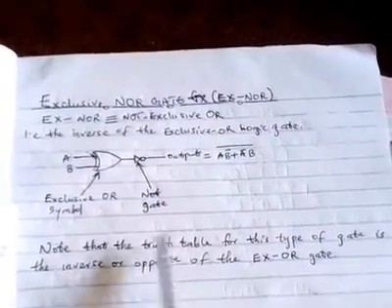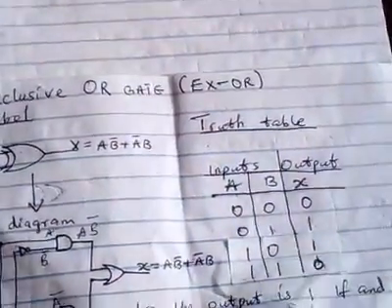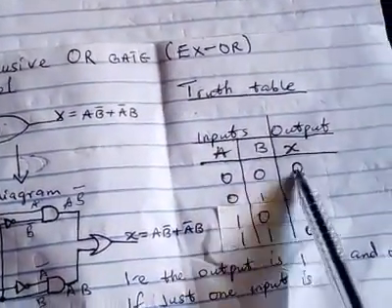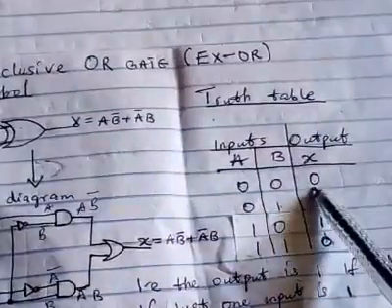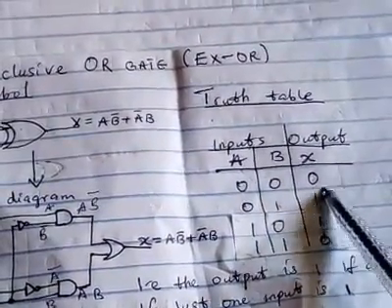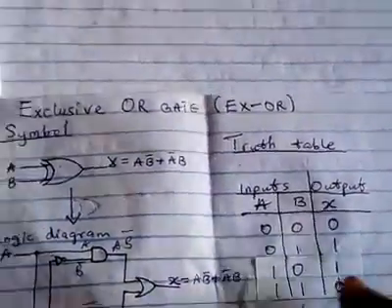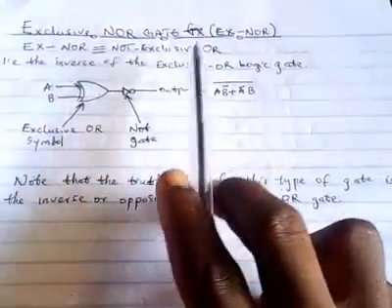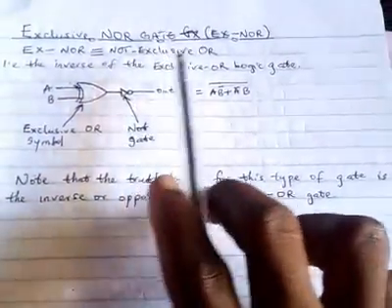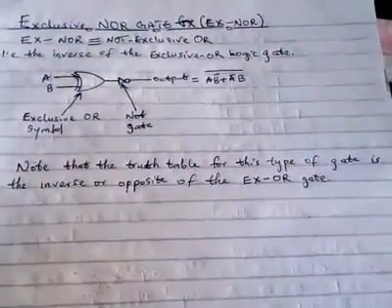Here we have 0 for the XOR, but for the XNOR it's going to be 1. Here we are going to have 0, here we are going to have 0, and here we are going to have 1. So that's just it. The exclusive NOR gate is the inverse of the exclusive OR, so it's just NOT exclusive OR gate.